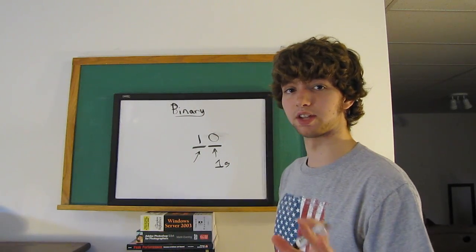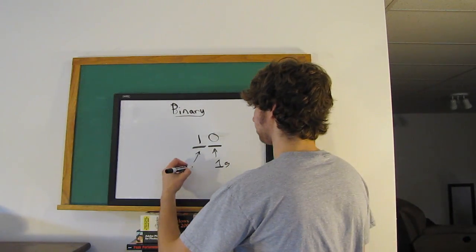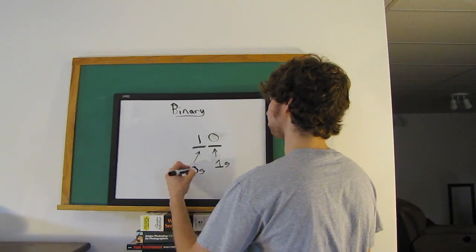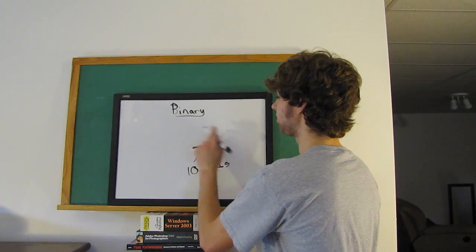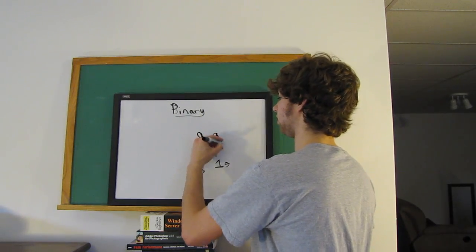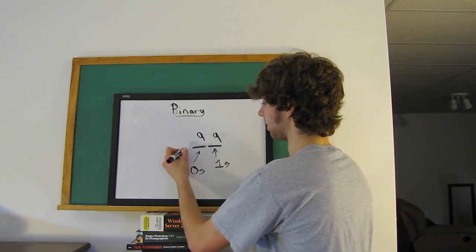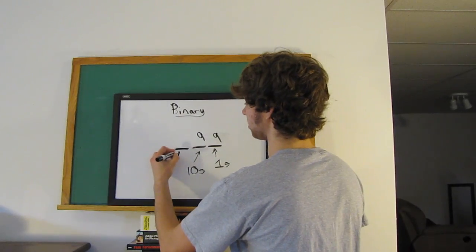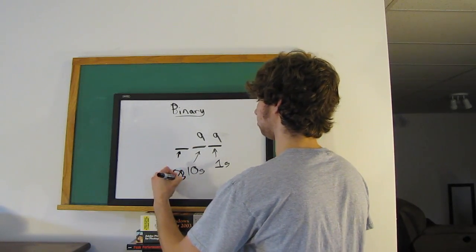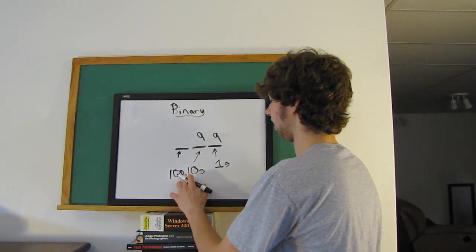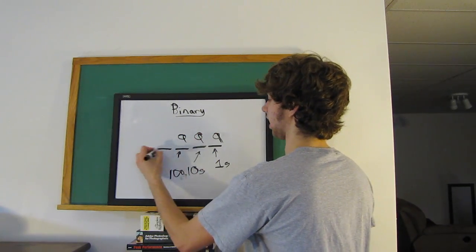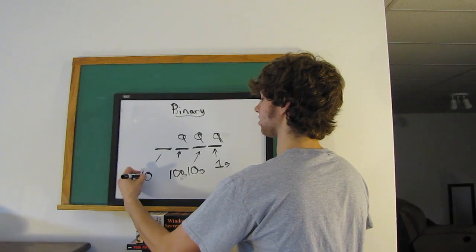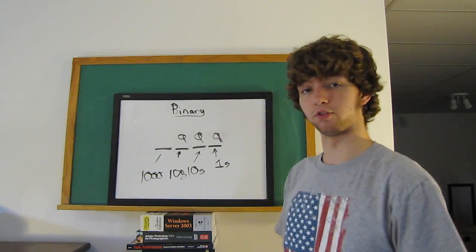This is in decimal, base 10. This right here is the tens place. And once we get to 99 and add one more, this is the hundreds place. And then you could keep doing it. If we're at 999 and you add another one, this is the thousands place, and so forth.